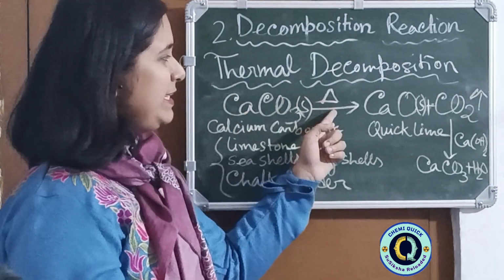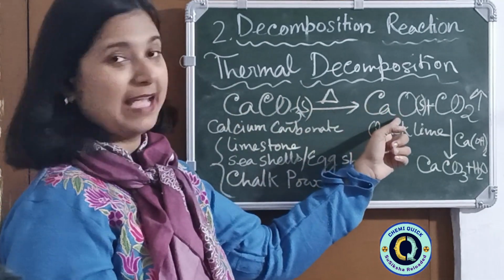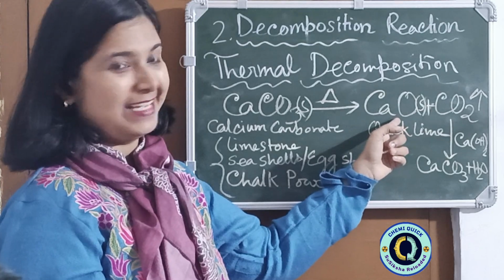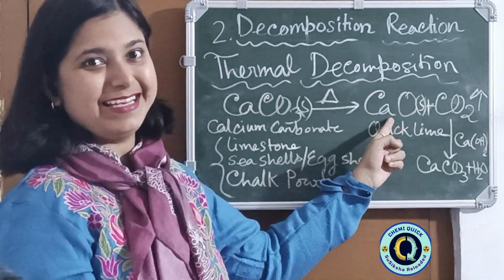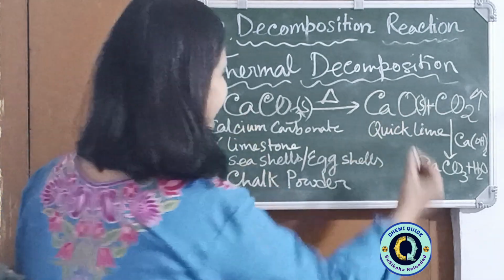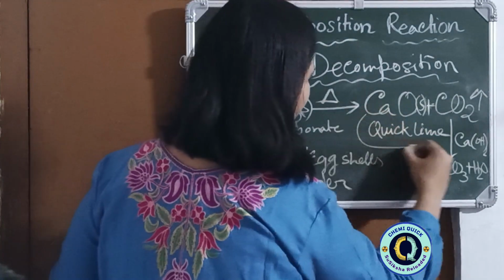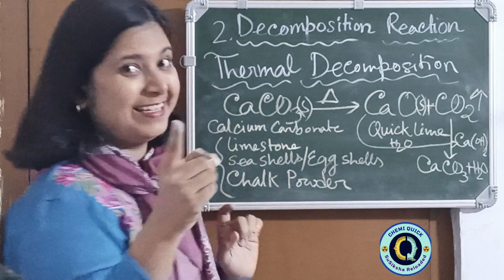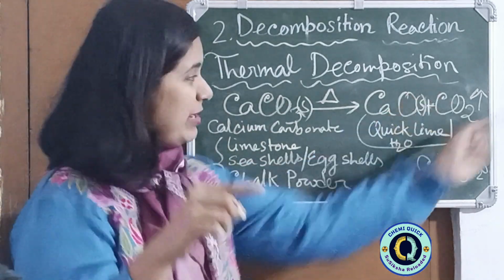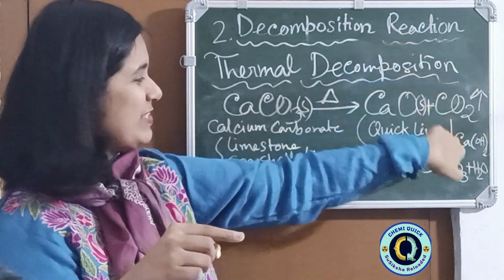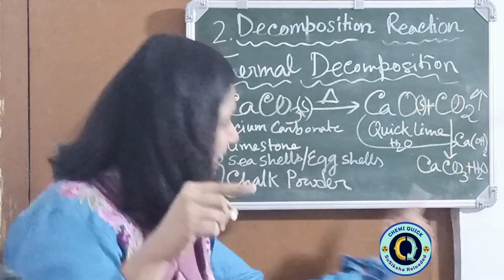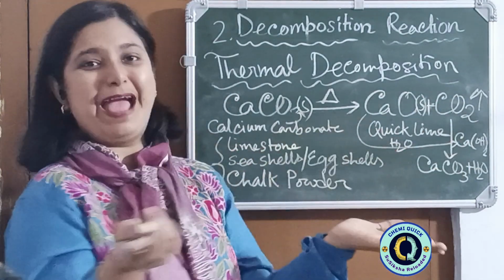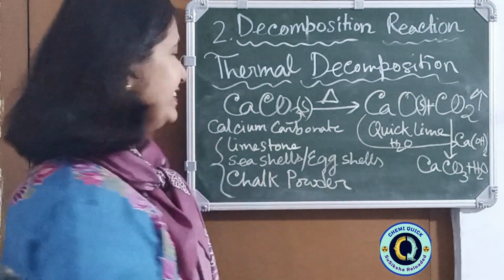Calcium carbonate heated gives calcium oxide. Now that calcium oxide mixed into water gives calcium hydroxide. And then the carbon dioxide that is produced goes to that solution and gives the calcium carbonate back. Nice, no?